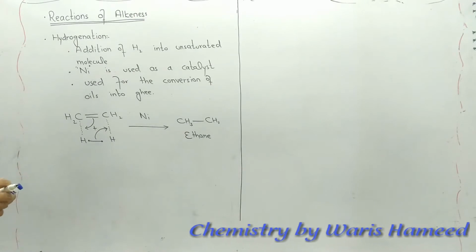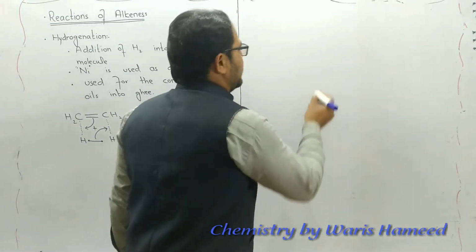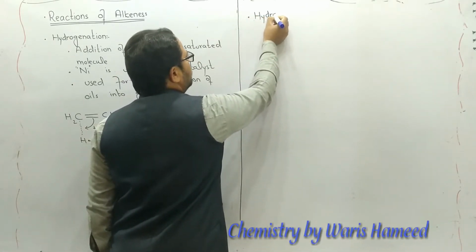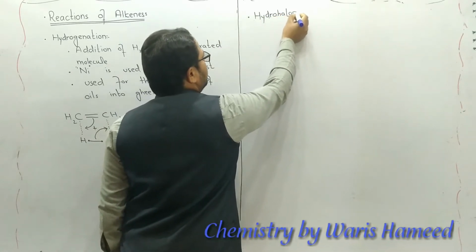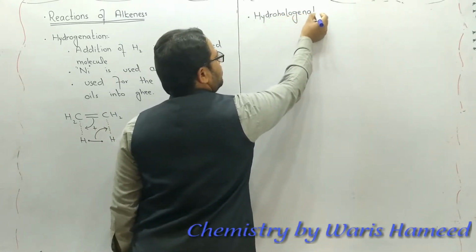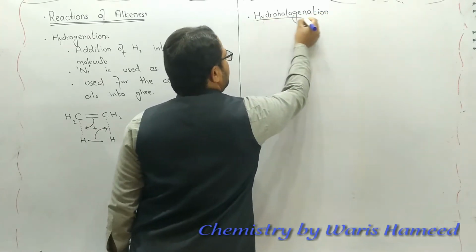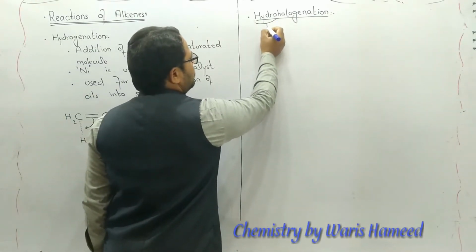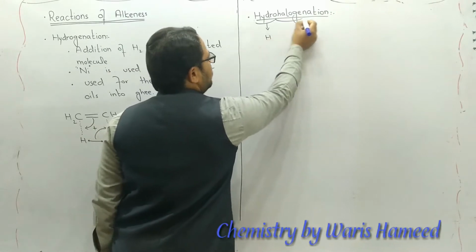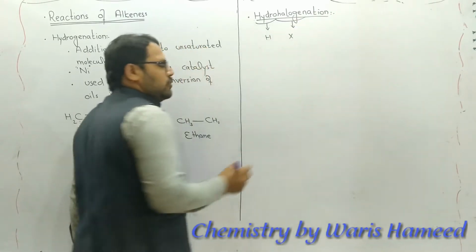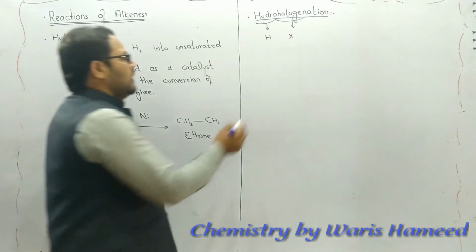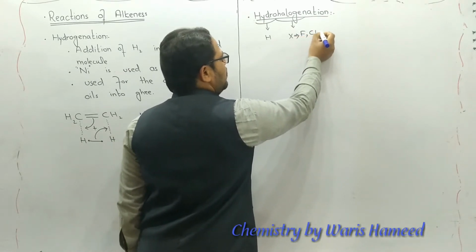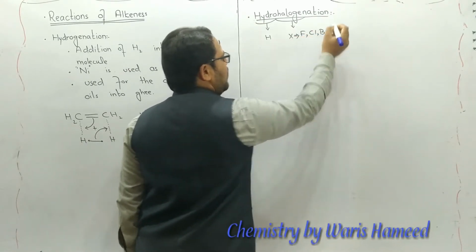Second reaction is hydrohalogenation. What does it mean? Hydro stands for hydrogen, and halogen stands for X atom, and we know that X is actually halogen, and it may be fluorine, chlorine, bromine, or iodine.